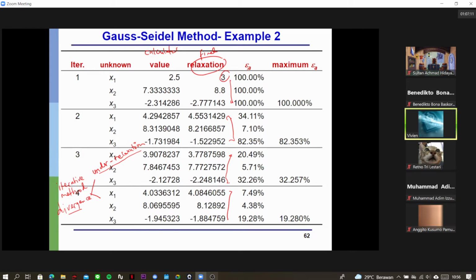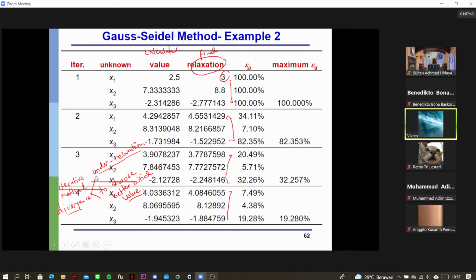The other way, aside from applying an under relaxation factor, is to choose a better initial value. We have seen in many cases that if we have an initial value that is closer to the results, that will make convergence faster.